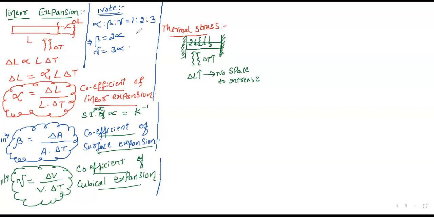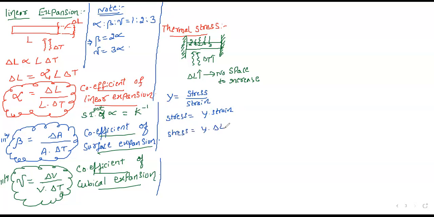Now, we can measure that thermal stress using the Young's modulus concept. In the previous chapter, you have studied the concept of the Young's modulus, that is nothing but the stress divided by the strain. Here, what is the stress then? Stress is nothing but the Young's modulus into the strain. You know what the strain is?